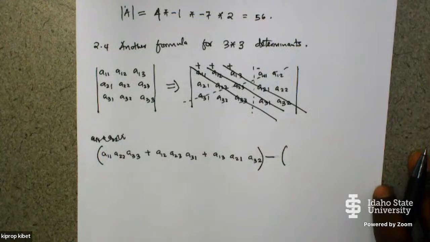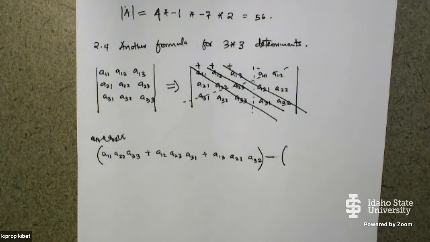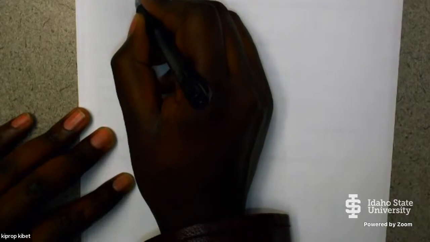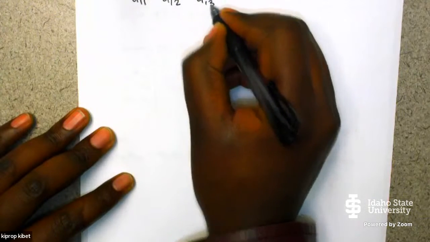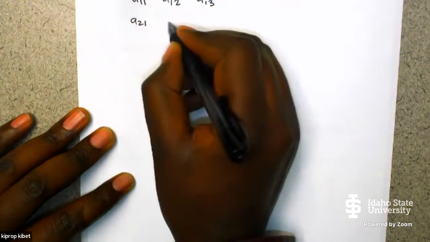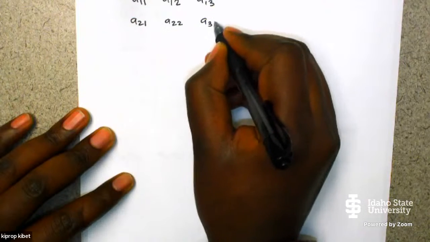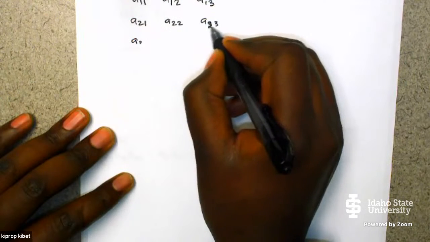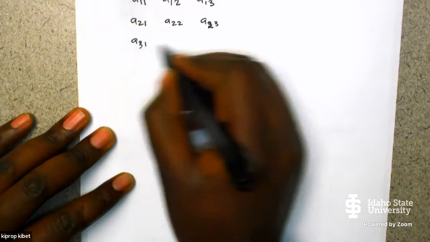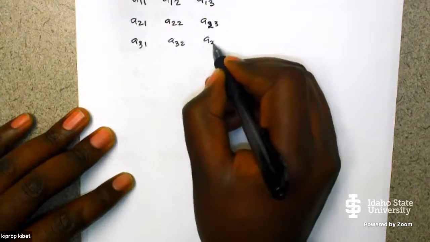How did I write this? I wrote it in a very poor way. Okay, let's do it again. So let's put here A11, A12, A13, A21, A22, A23, A31, A32, A33.